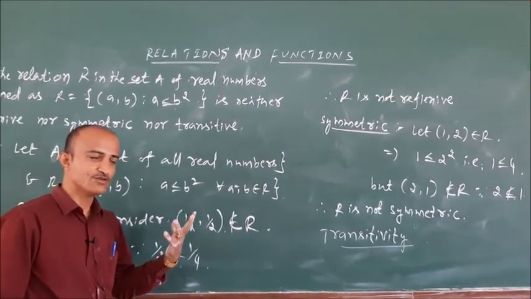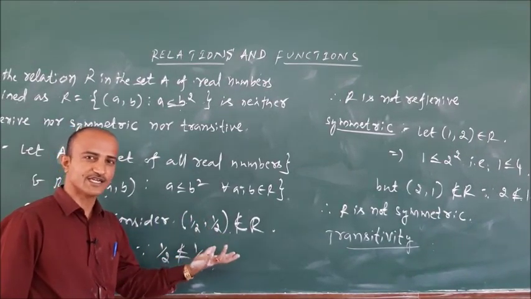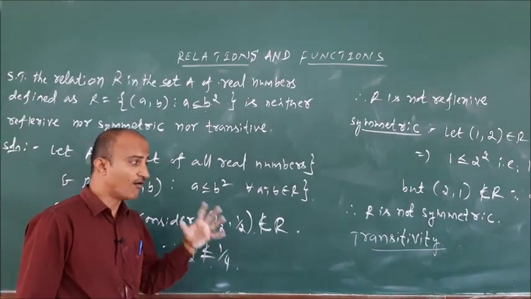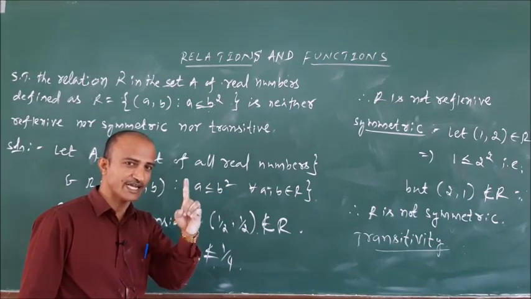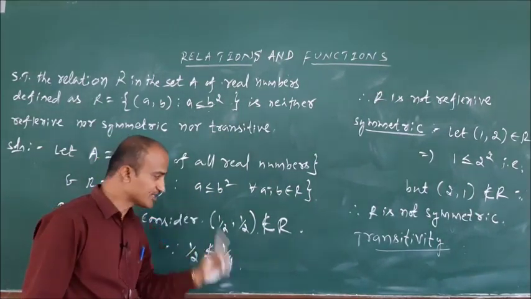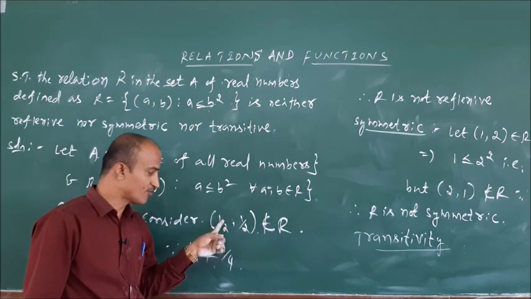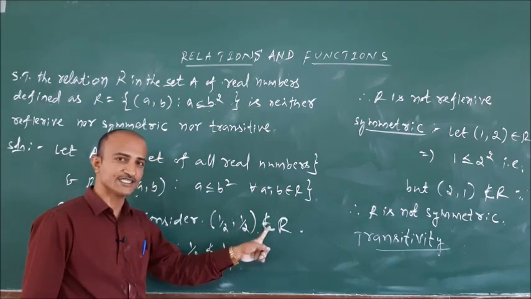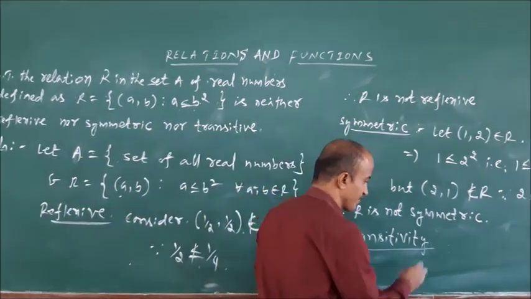Even if you take (2, 2), 2 is obviously less than or equal to 2 square. 3 is also less than or equal to 3 square. All elements satisfy that condition. But there we need to choose an ordered pair such that it does not satisfy the condition. Hence here we have taken the element (1/2, 1/2), where it does not hold the condition. Very, very important problem.